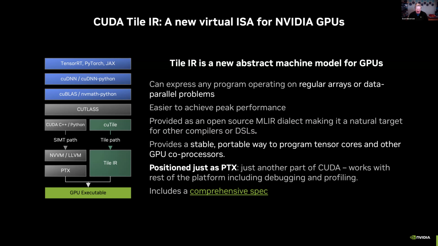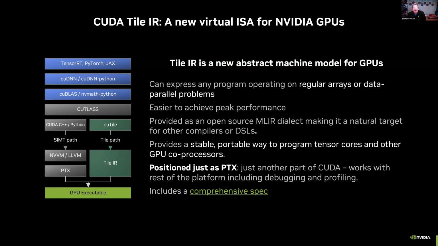That is portable, and in fact it's just-in-time compiled for the hardware environment that you're on. So we can express any program operating on regular arrays or data parallel problems in this instruction set.